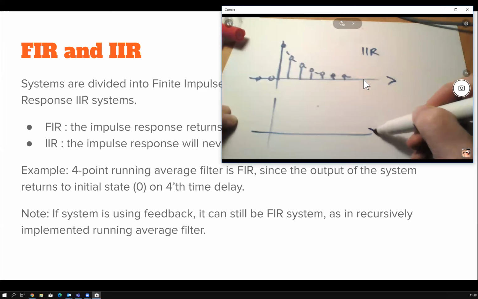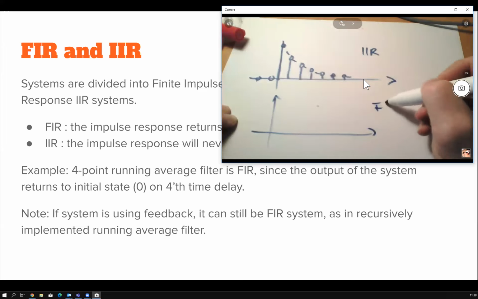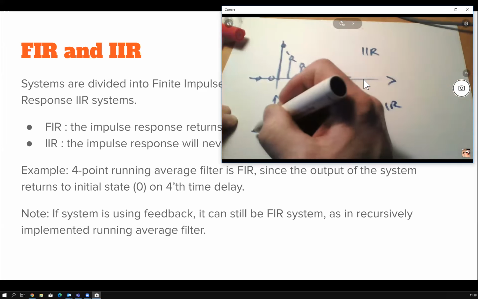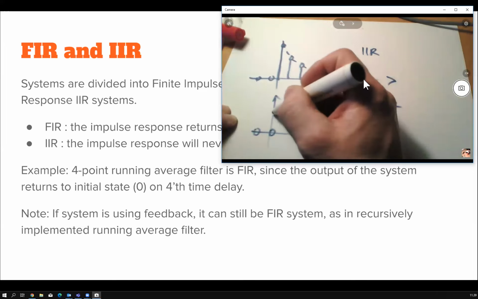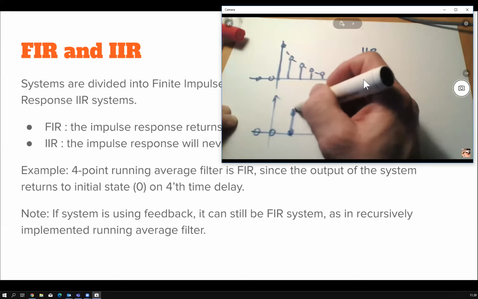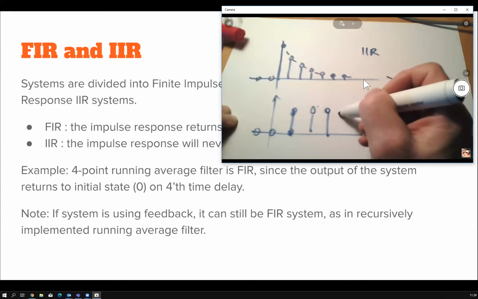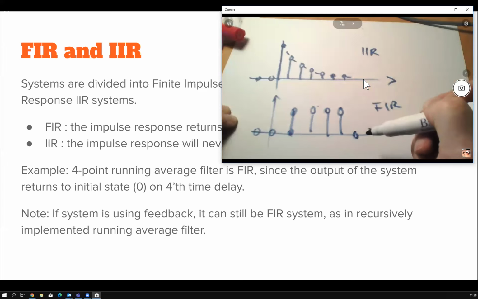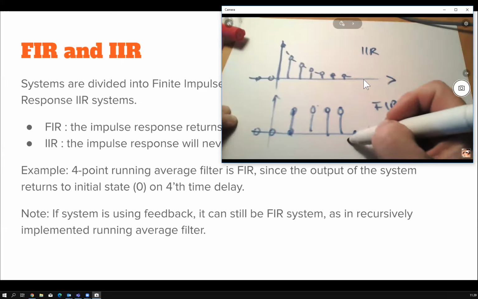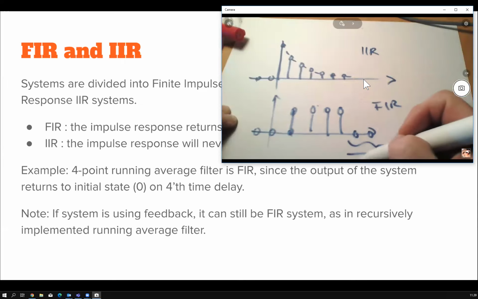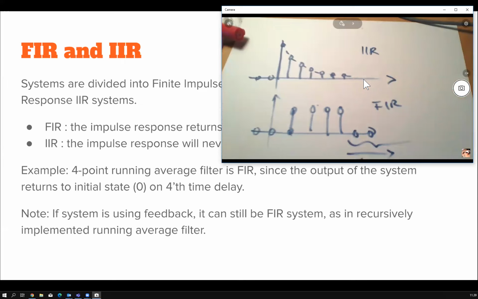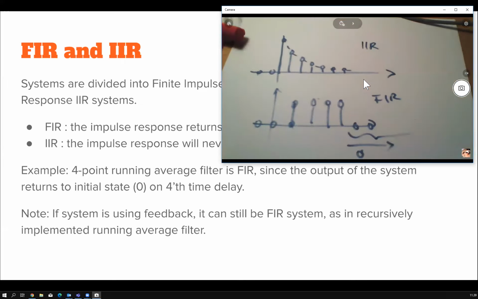For FIR systems, it could be something like this, and then zeros, meaning that after some point the signal goes to zero, not near zero, but exactly zero.